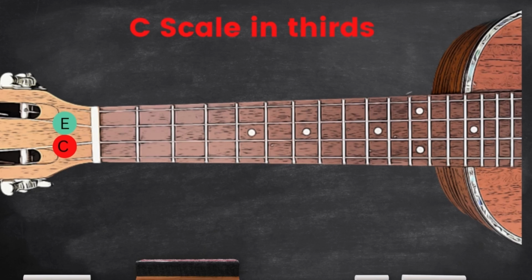C, E, D, F, E, G, F, A, G, B, A, C, B, D, C. Now let's play it going down. C, A, B, G, A, F, G, E, F, D, E, C.